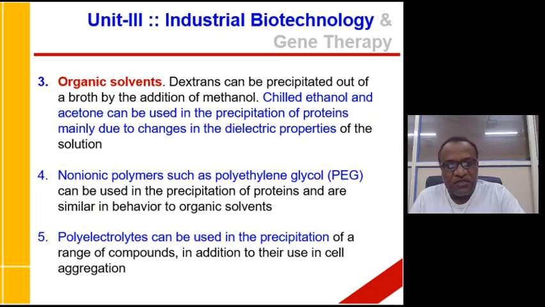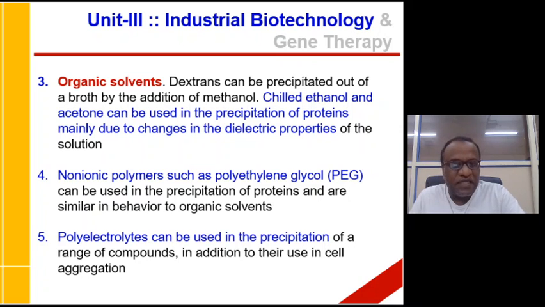Right? So dextrans can be easily precipitated out from the fermentation broth by the addition of methanol, and even chilled ethanol and acetone can be used to precipitate the proteins, and it happens mainly due to changes in the dielectric properties of the solution.